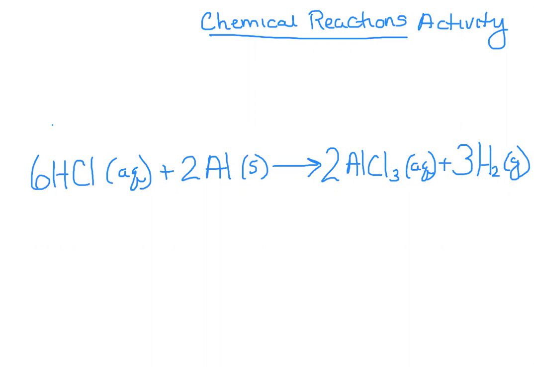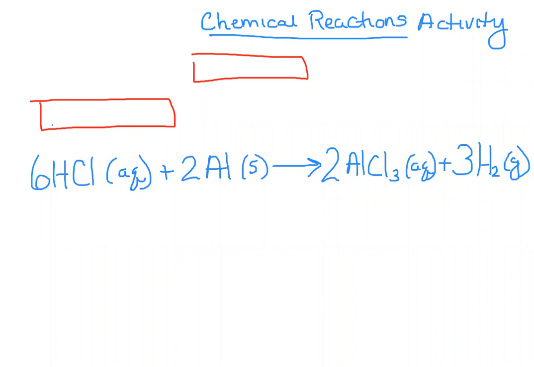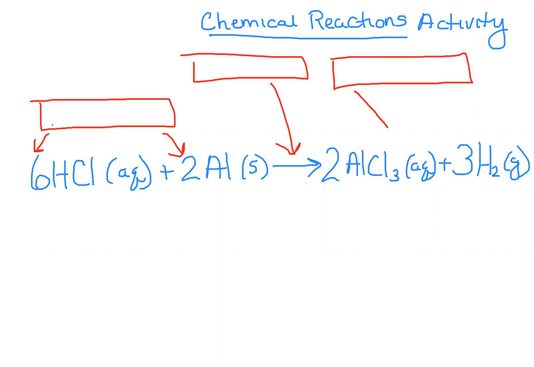You have a box up here that points to this. This box points to these 2 numbers. You have a box over here that points to this. And you have a box here that points to that.